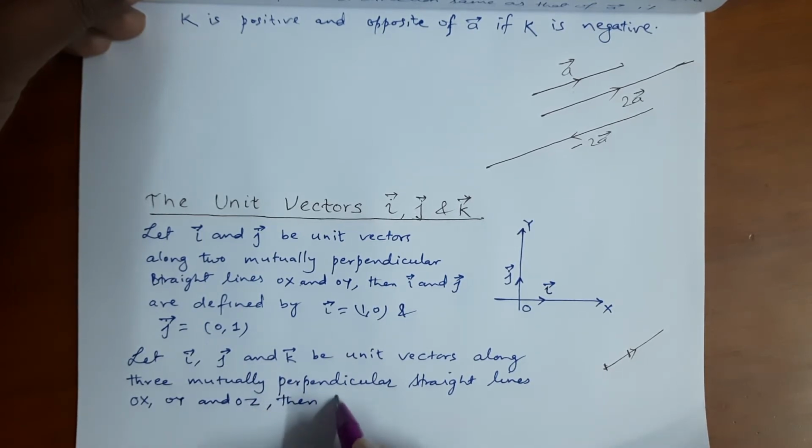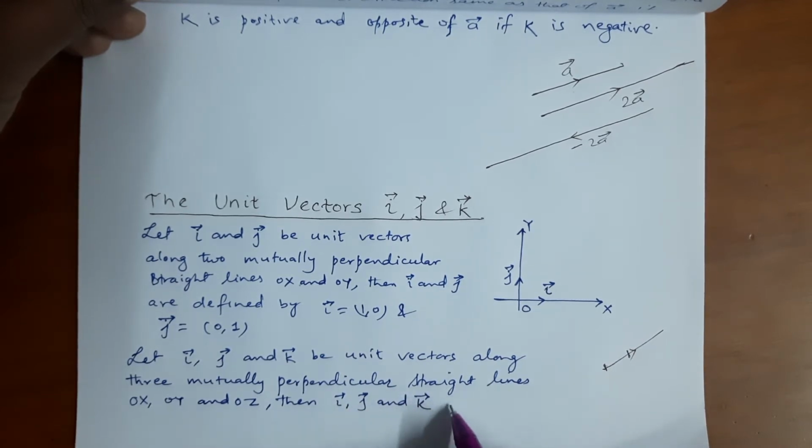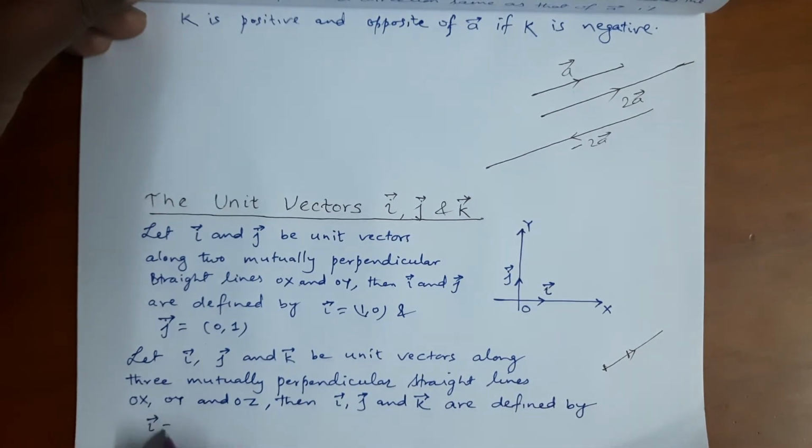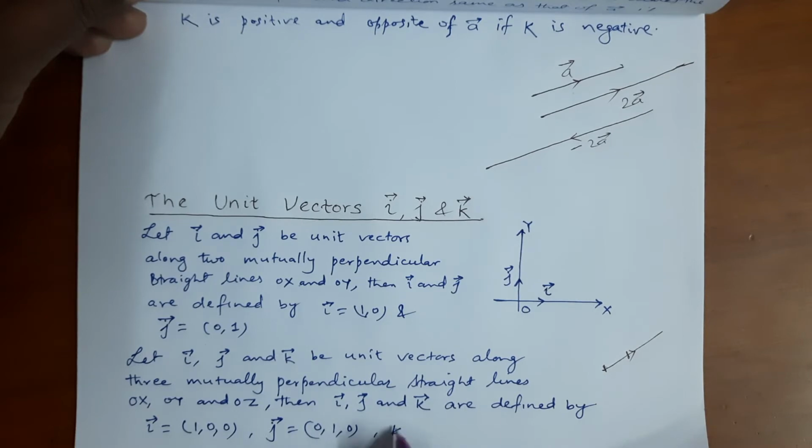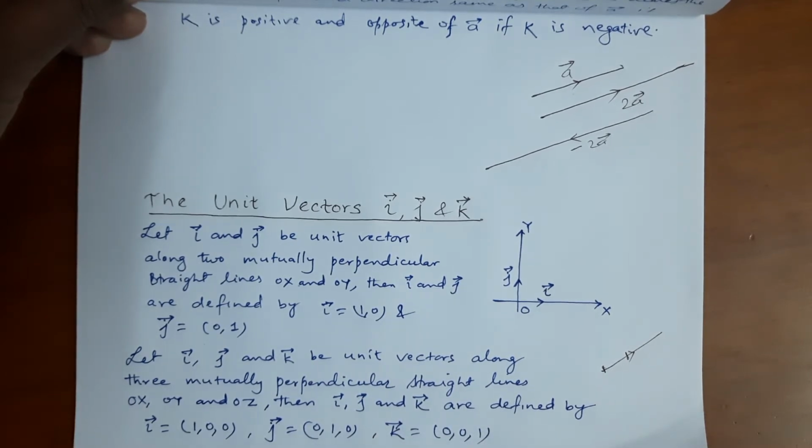Then vector I, vector J, and vector K are defined by vector I equals (1, 0, 0), vector J equals (0, 1, 0), and vector K equals (0, 0, 1). Like this way we can define.